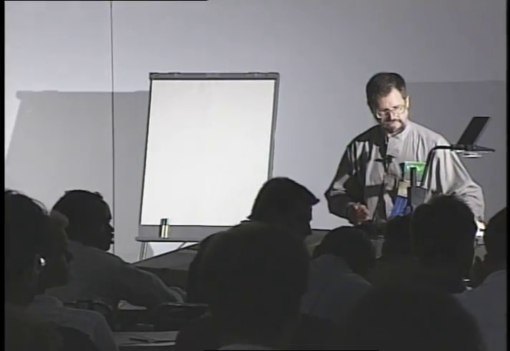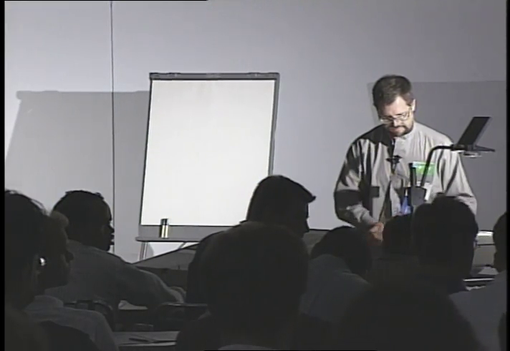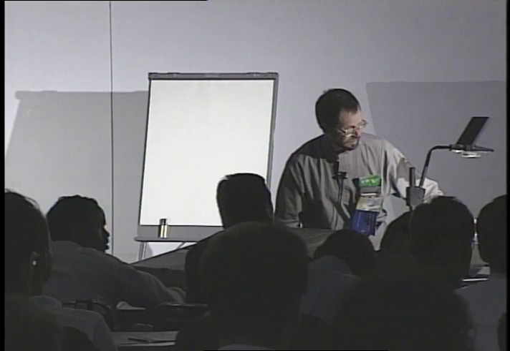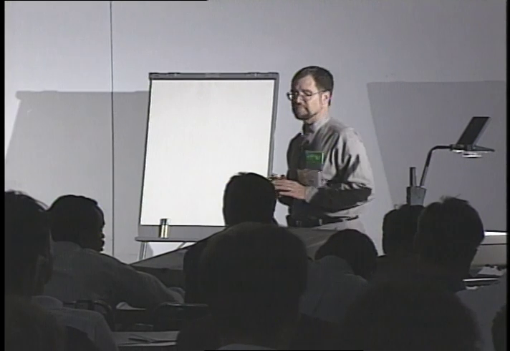Yes? How do we deal with threads? Because in threads, the objects don't have to be allocated. I'm sorry, speak up. In a thread, the objects don't have to be allocated to a single thread. They can be shared between threads. Well, at some level an object is owned by something.